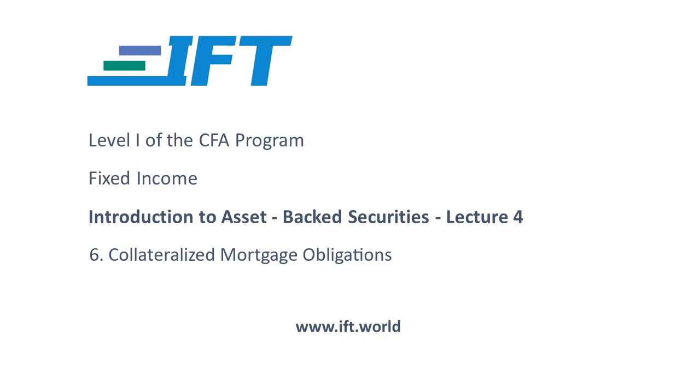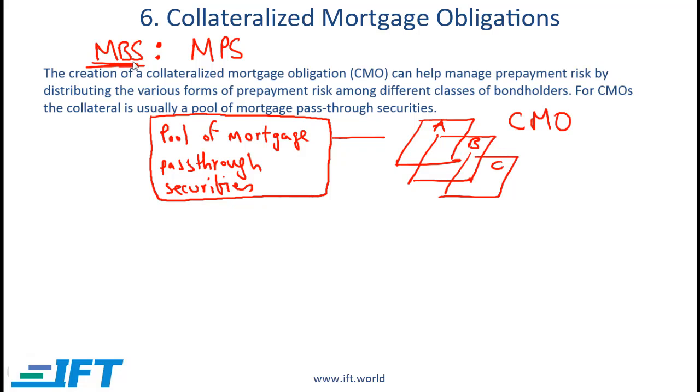There are several types of mortgage-backed securities. So far, we have talked about the simplest structure, which is mortgage pass-through securities. With mortgage pass-through securities, the collateral is actual mortgage loans, and a major issue with mortgage pass-through securities is that of prepayment risk.